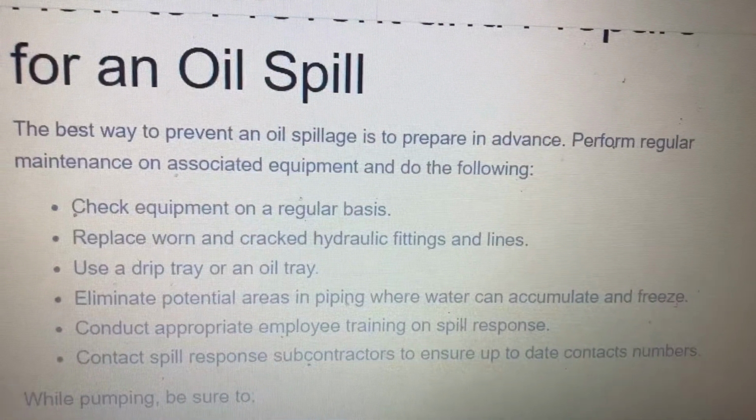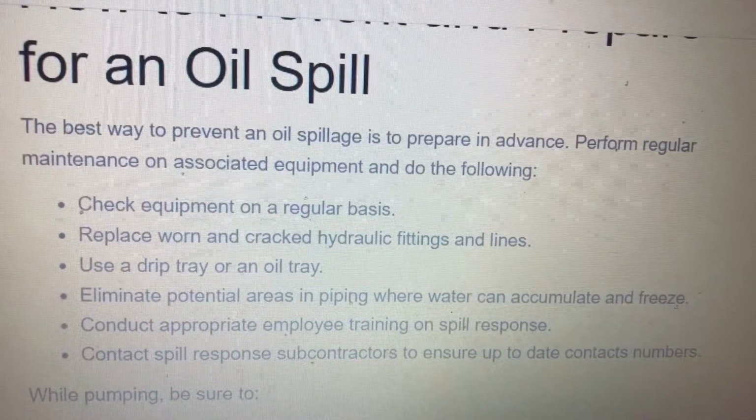So I'm going to put the website up one more time, and I want you to write three things that oil workers can do to prevent oil spills. There is the list. I'm going to leave it there for just a little bit.